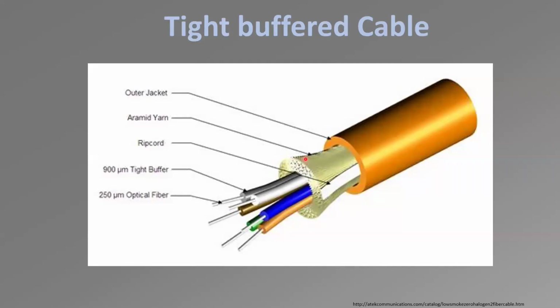Some of the earlier bulletproof vests are packed with Kevlar. So that's how tough that thing is. And then here, of course, there's going to be some sort of a rip cord, and we know the rip cord's purpose: when you pull it, it rips the jacketing, so you can strip it in order to terminate whichever way you need.